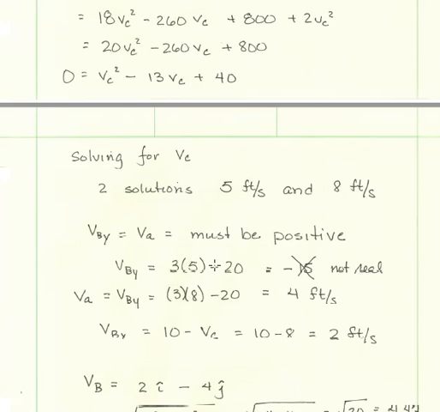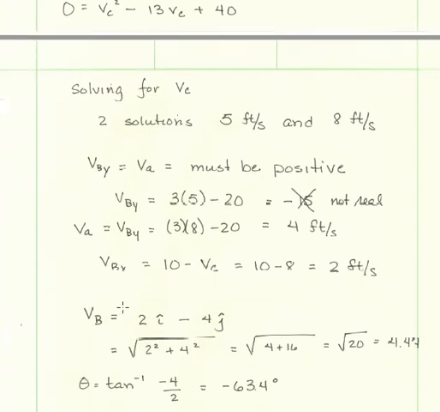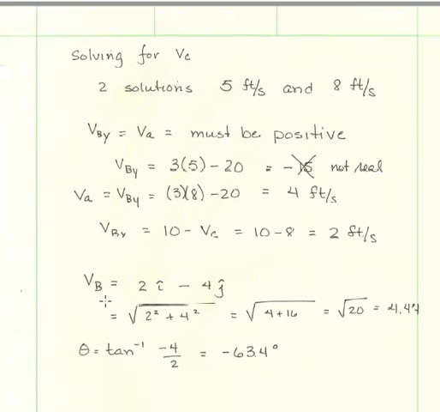When I do that, I can plug all of this in, and I get my velocity of By is 4 feet per second. My velocity of Bx is 2 feet per second. Again, these are magnitudes. I have to go back and look at my picture so I can draw my velocity of B in vector notation, so I can ultimately calculate its magnitude and its direction.